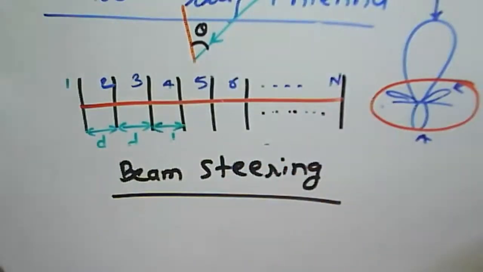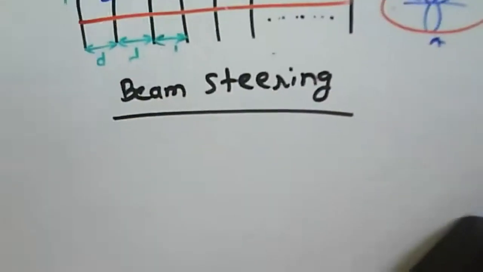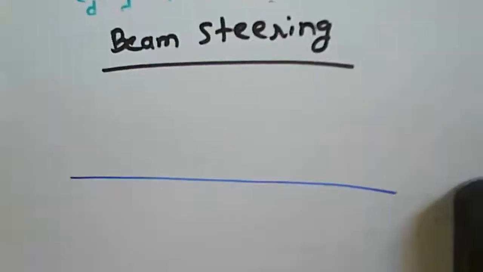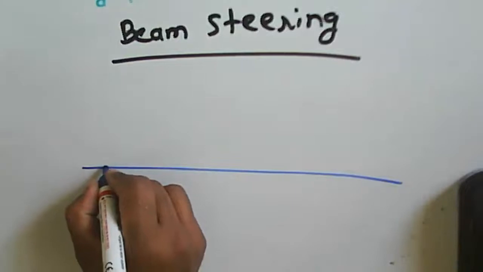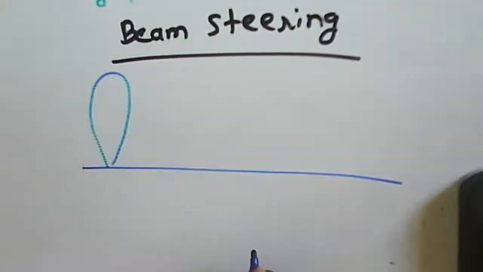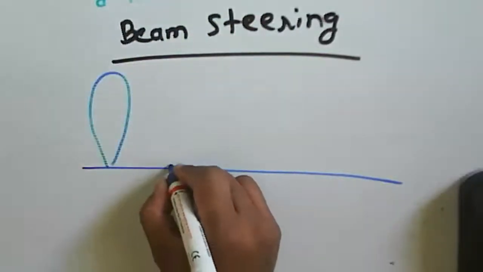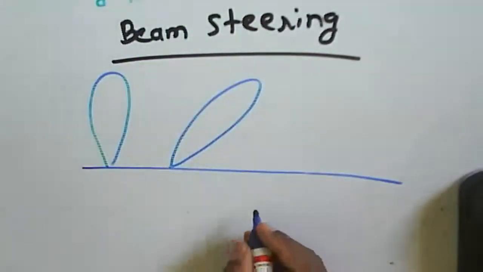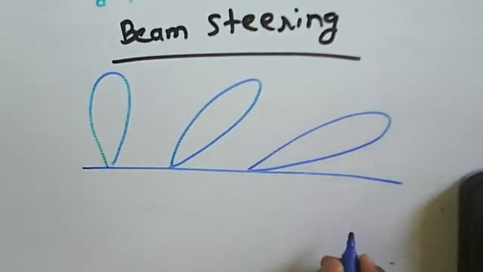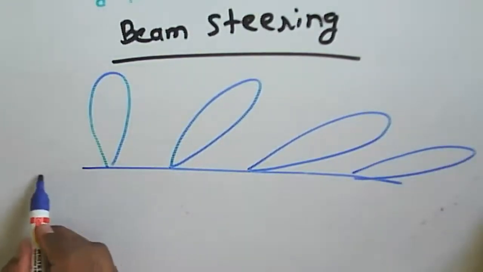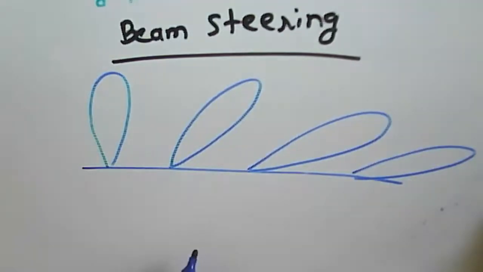For example, we have the broadside array radiation pattern which will be likewise. If the phase of that array changes, it will be likewise. If the phase changes further, it will be likewise again, even in reverse also.